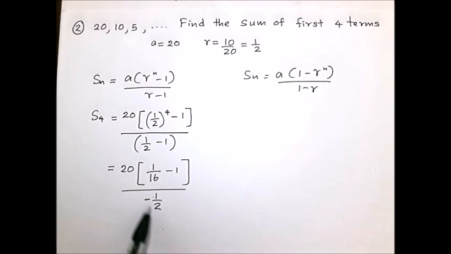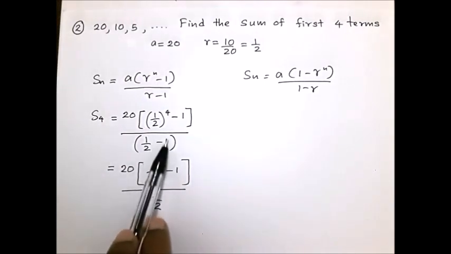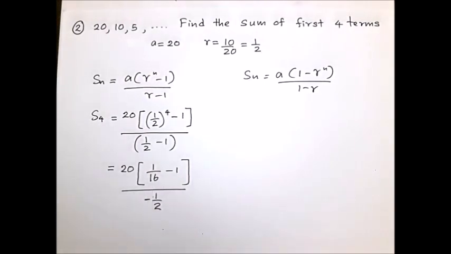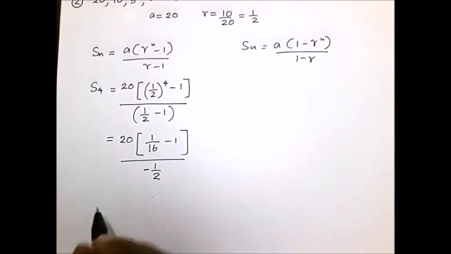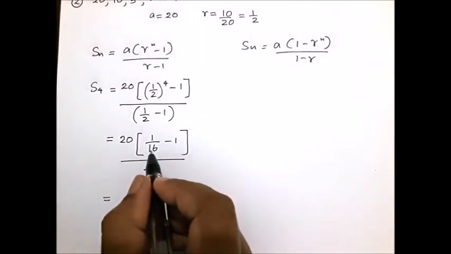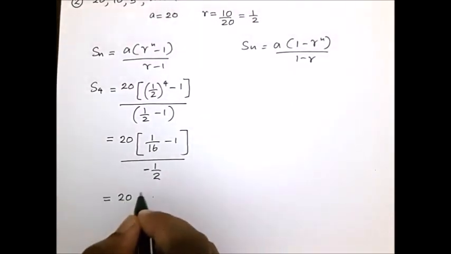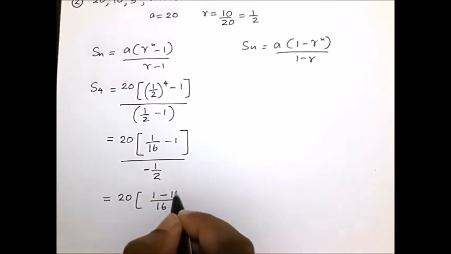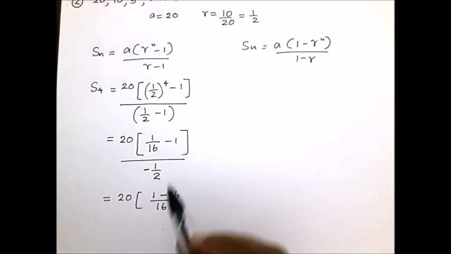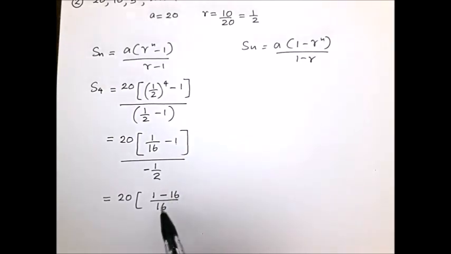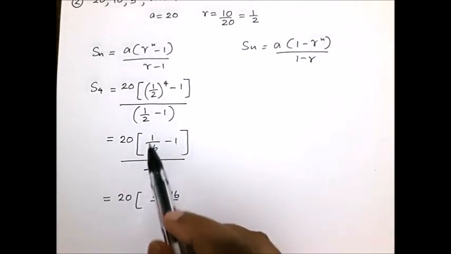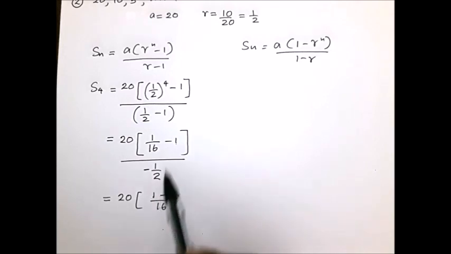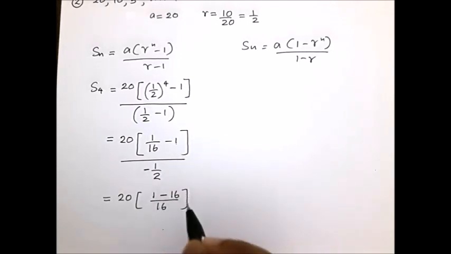1 minus half equals half. But here the larger one is minus, so put a minus sign. Now in the numerator, you can take the common denominator 16. 1 you can write as 16 over 16, and this fraction remains 1 over 16.